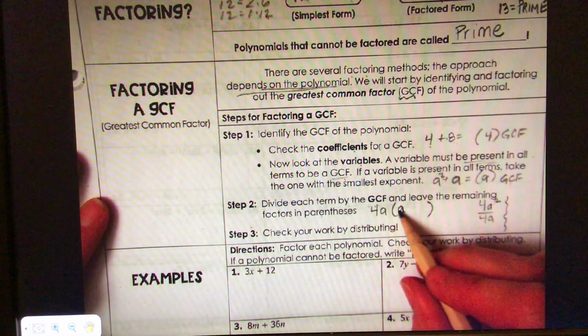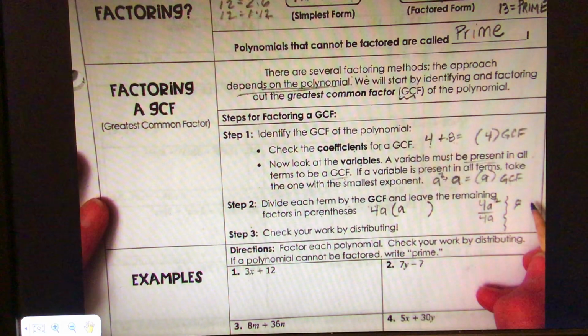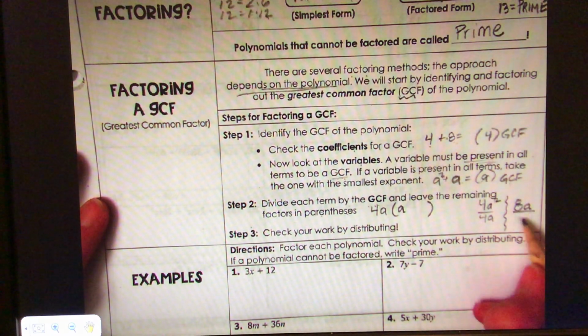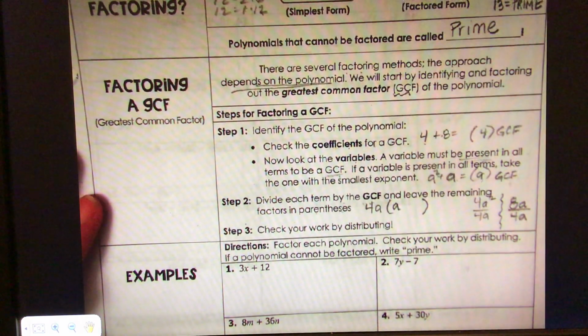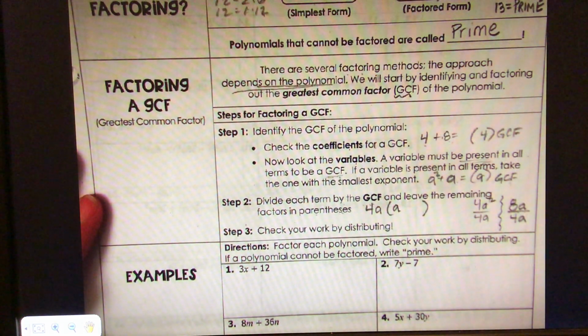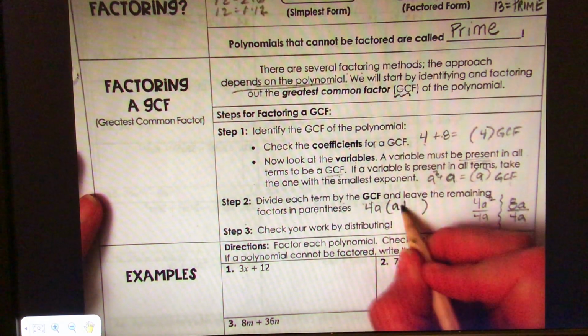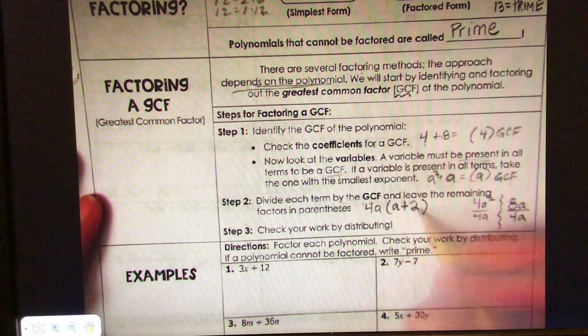And then I have my second term, 8a divided by my 4a, okay? That's why it's important to learn how to divide while you're learning how to factor. 8a over 4a is really just 2, okay?